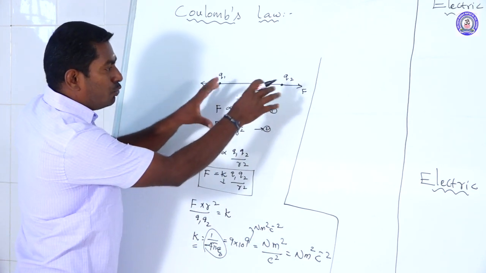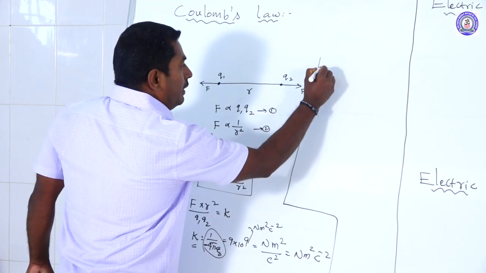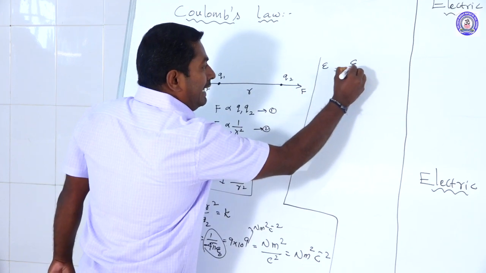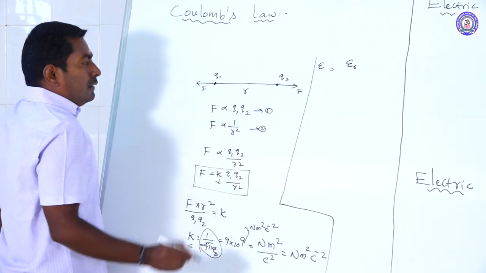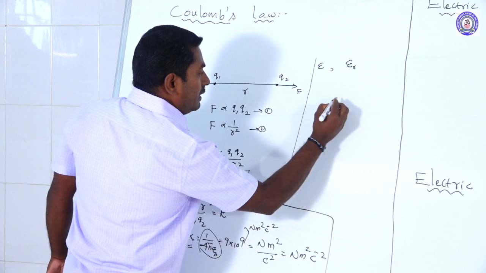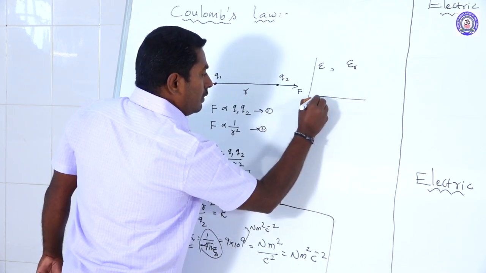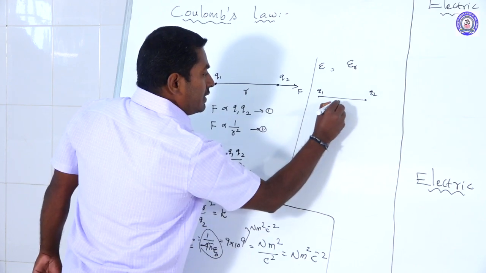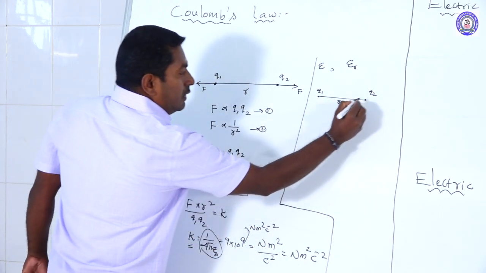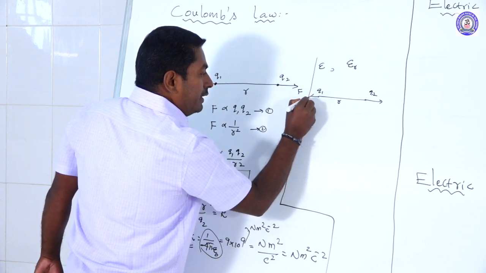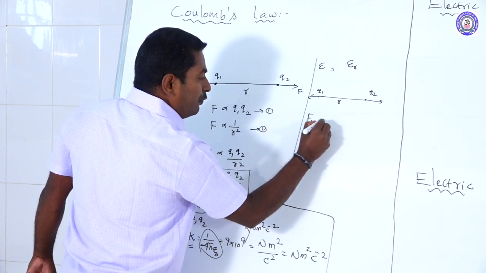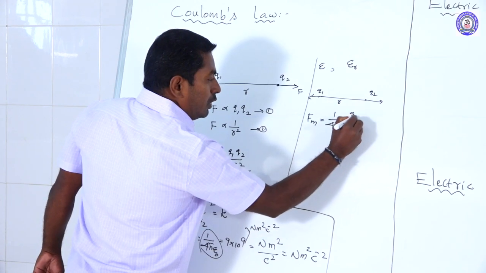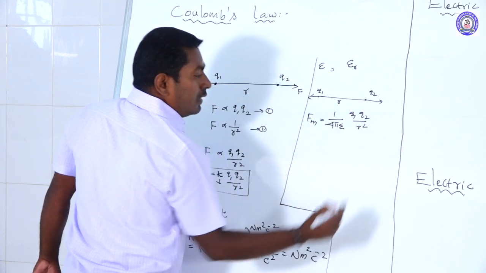That entire system is situated within a medium, the medium of permittivity epsilon and relative permittivity epsilon r. Q1 and Q2 are at the same distance of separation apart. The force of repulsion between the two point charges in the medium, F1, is equal to 1 divided by 4 pi epsilon Q1 Q2 divided by r square.